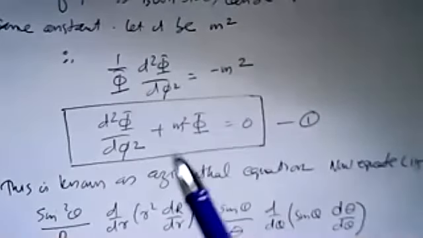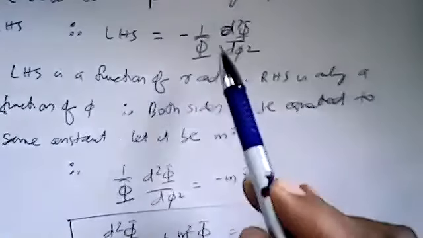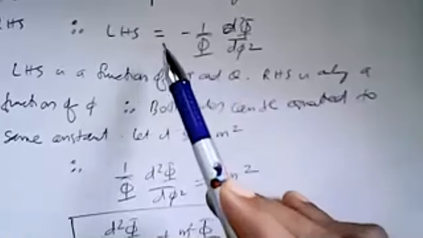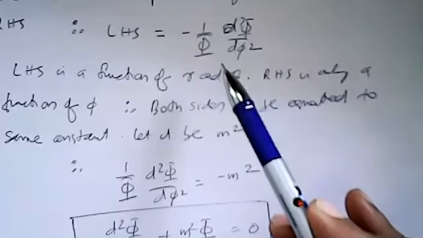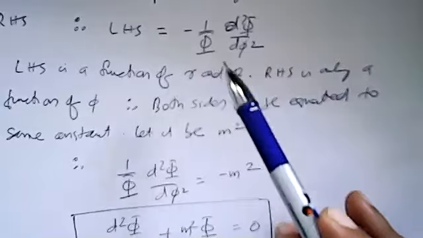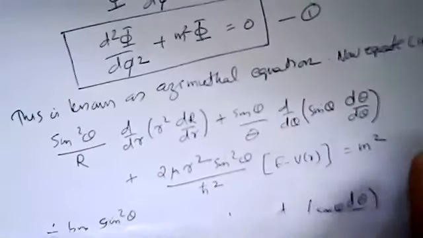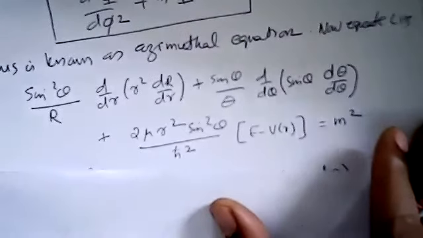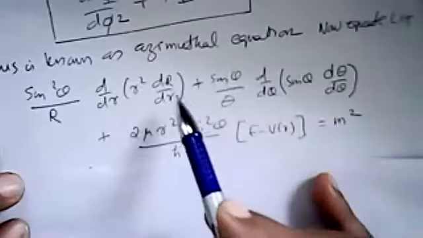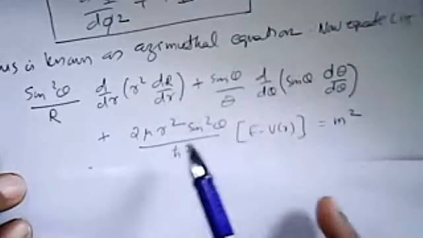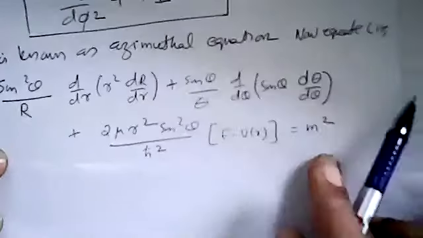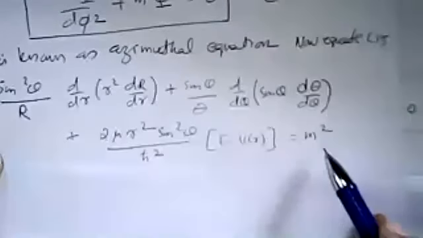Now the RHS you have equated to minus m square. Similarly, what is the remaining LHS? LHS is this one: sine square theta by r, then this term and this term, equal to m square. Same m square you can equate.